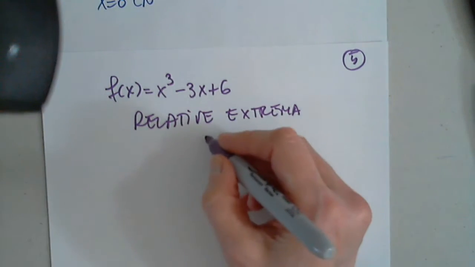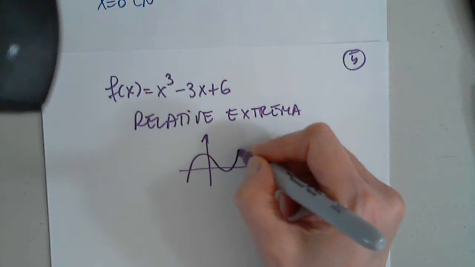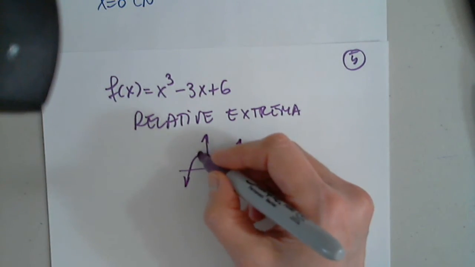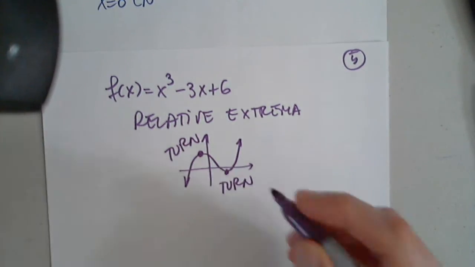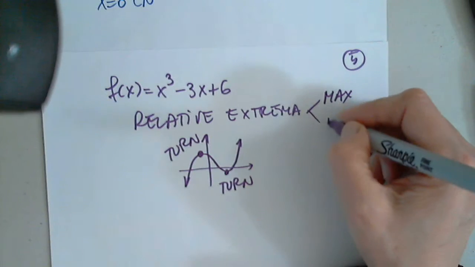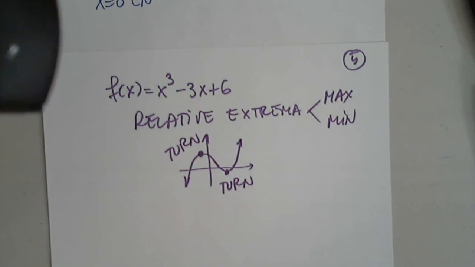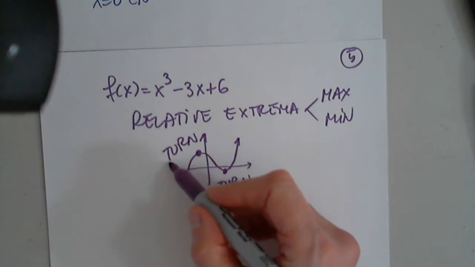That's singular. We're really asked to find where the function has a turn. So relative extrema, max or min. That's what we are asked to determine. Determine where this function has max or min, or we also call them turns.